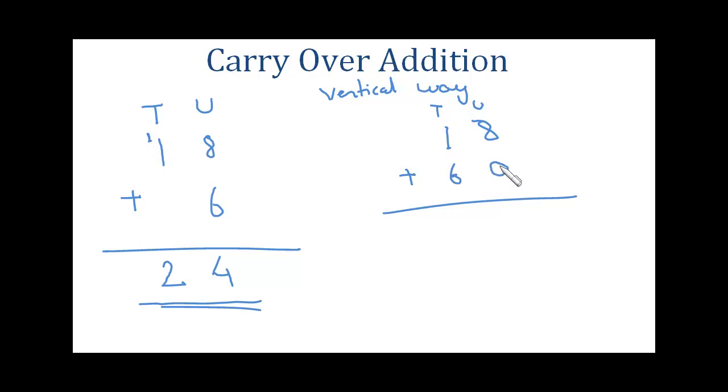That means there's 0. So it will be 8 and 6 plus 1, that is 7. So this answer would be wrong, because it should have been 18 plus 6, not 18 plus 60. So 24 is the correct answer.